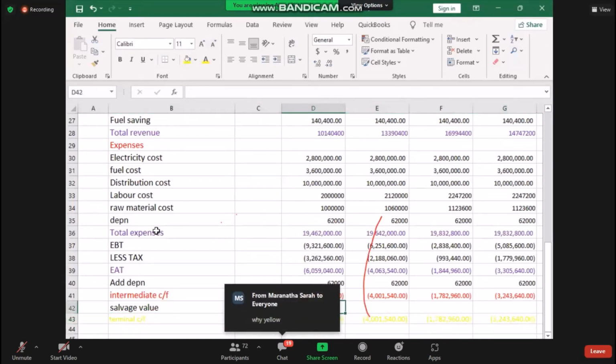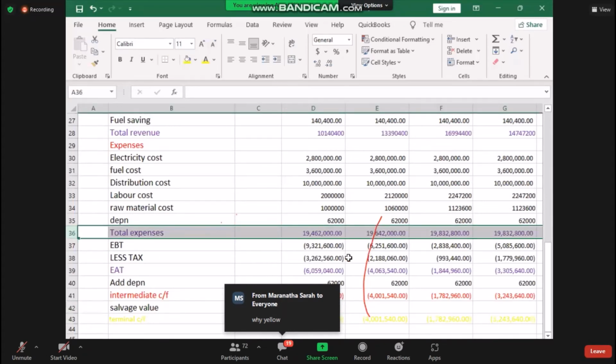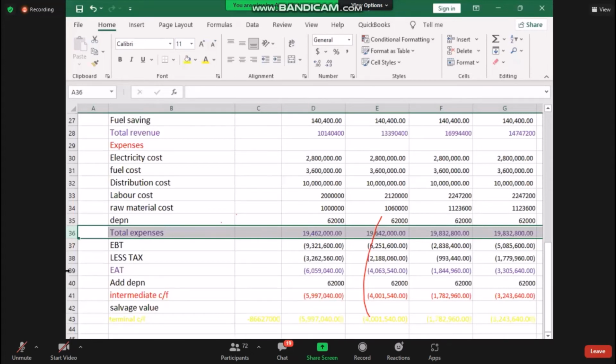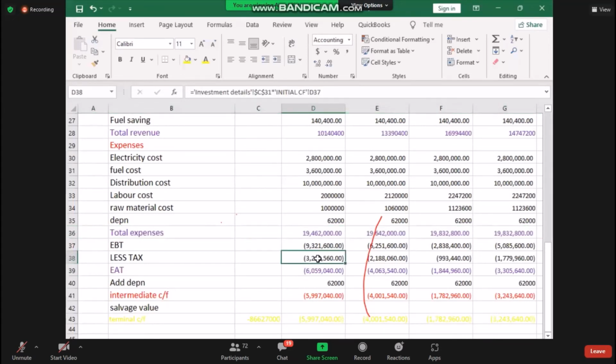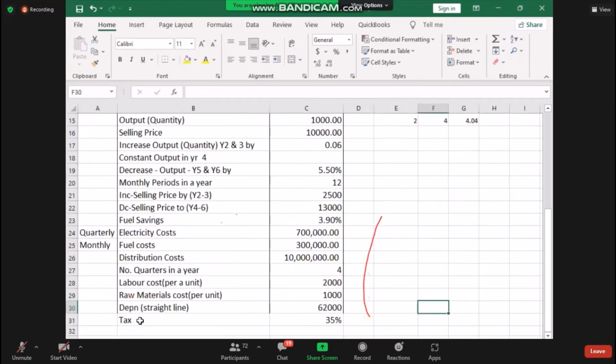Hello madam, I think we didn't make any mistake. Yes, total expense. How did we get the less tax? The tax, we've said that we have the percentage of 35%. We had not put it last time. That was in the question, the 35%.